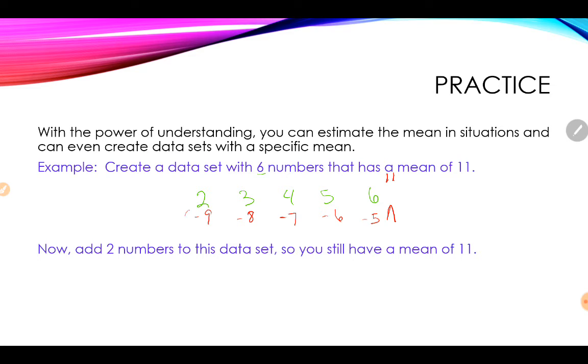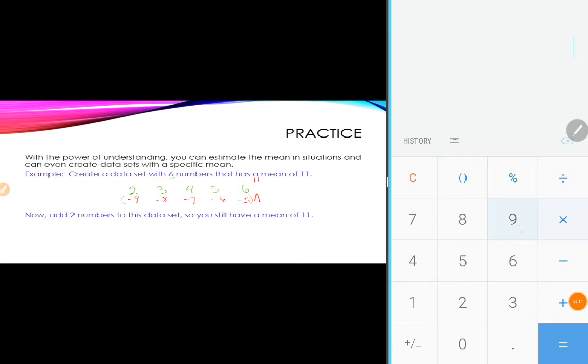So the sum of all the differences on the left side of 11 is 9 plus 8 plus 7 plus 6 plus 5. Remember, I'm ignoring that negative sign because I'm looking at the distance. So whether it's going negative or positive doesn't matter.